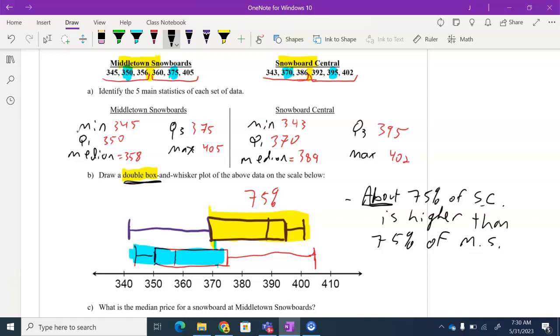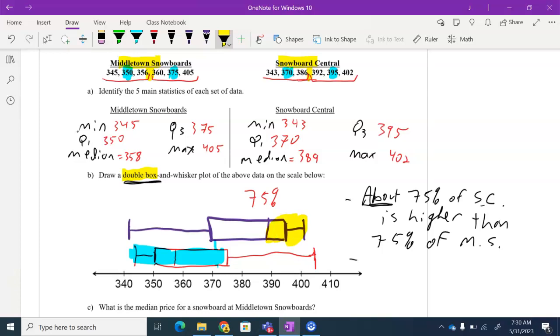The other conclusion you could draw is, I don't know, like, let's see, we could also look at this part, 50%, right?